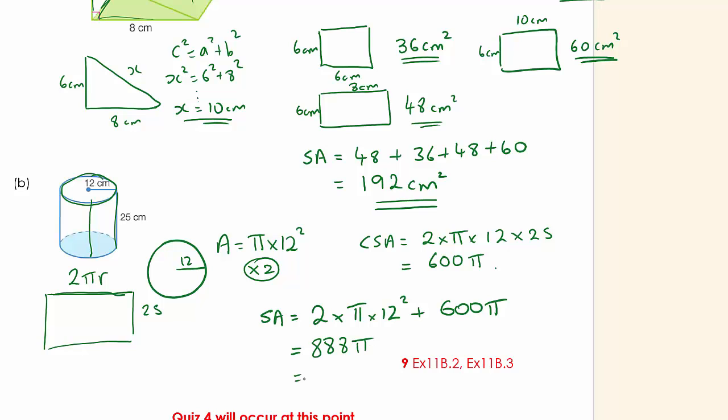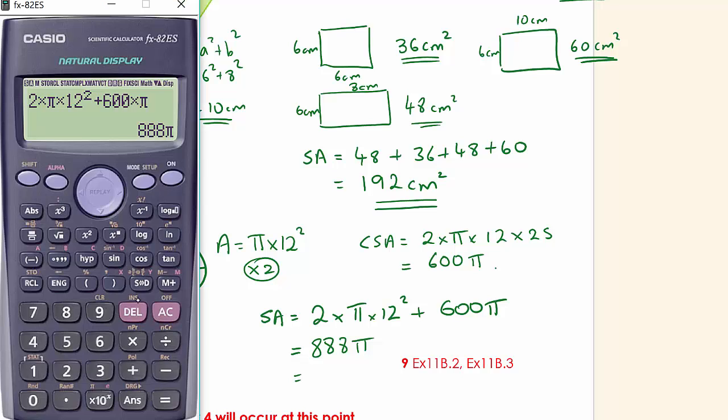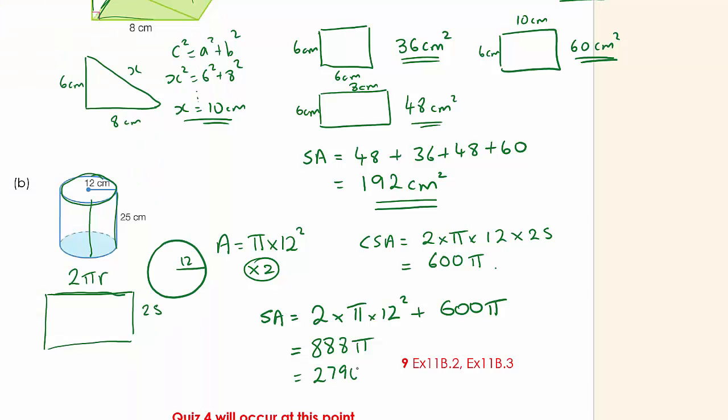Now your calculator probably just gave you a decimal straight away there, and this would be the decimal. So if we just give it to the nearest whole number, that will be 2790. So 2790 centimeters squared, and that's to the nearest whole number.